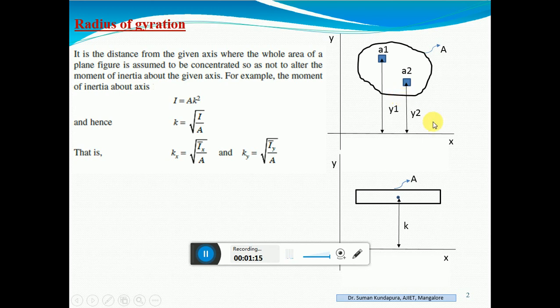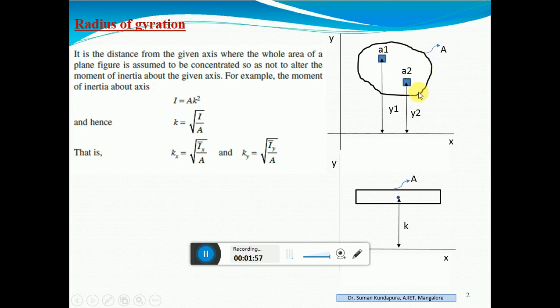So this is the x and y axis, a two-dimensional lamina is present over here, whose area is A, and as we already solved problems of centroid, we know that in the whole area A there are a number of subdivided small components, each of area, could be A1, A2, and its respective distance from the x-axis is y1, y2. Likewise, many components exist within this total plane figure.